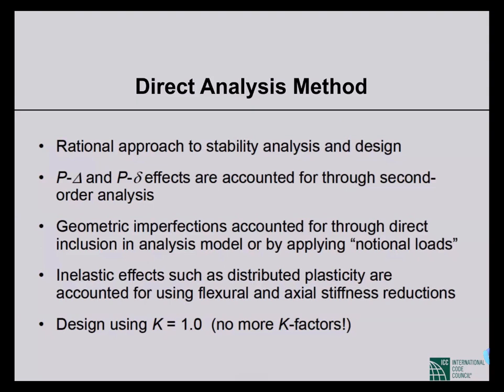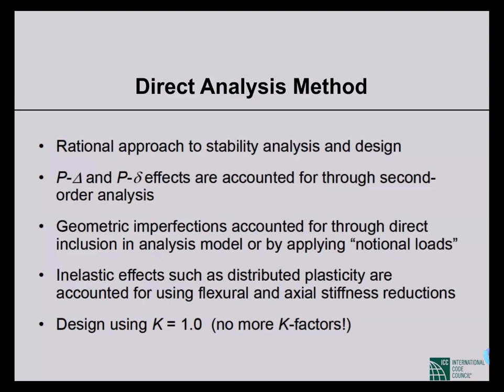It is sometimes quite tricky to actually judge what should be the effective length factor, and the whole analysis depends on that. So to avoid that, this direct analysis method was evolved, and that's why in this method K is always 1, effective length factor is always 1. You can wonder why, and then how we deal with buckling, let's see.